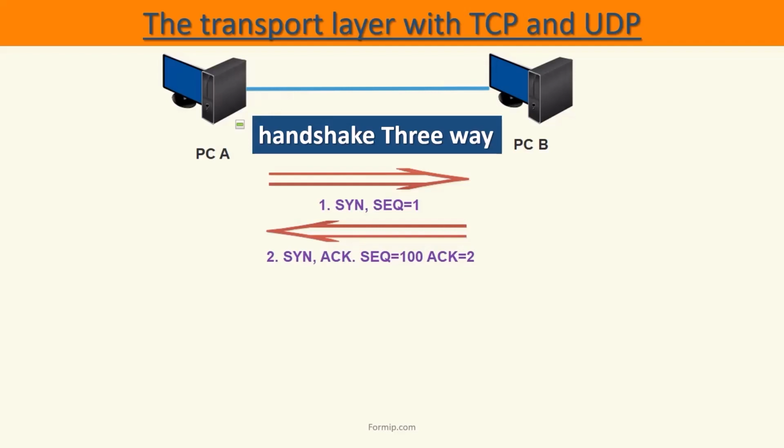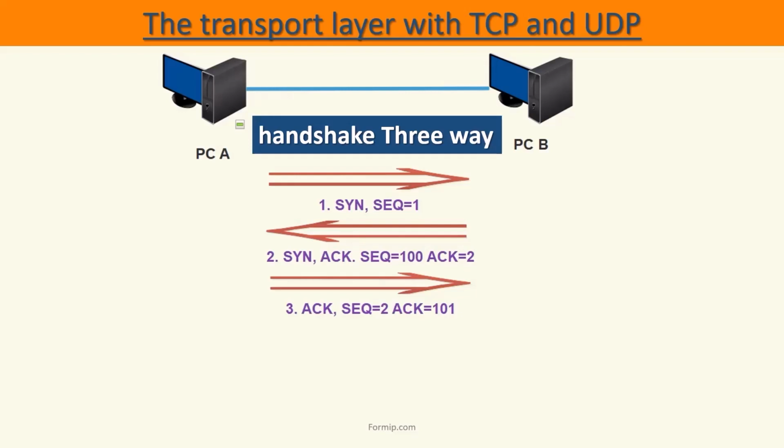And the ACK is equal to 2, which means PCB acknowledges that it's received the first message from PCA, which had the number 1, and that it's ready for the next message. And in the final step, PCA sends an acknowledgement to PCB. In our example, it sends an ACK-101, which means it recognizes the 100 sequence number of PCB.